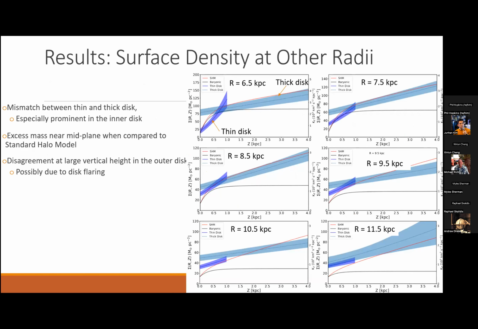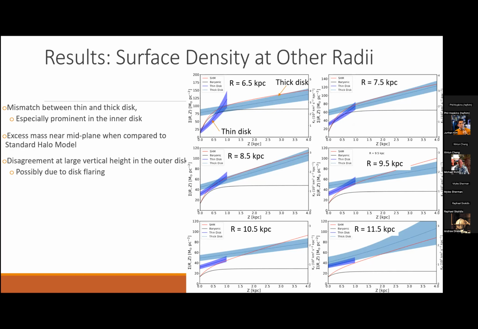However, moving into other radii and using the thin disk, things break. We have three major problems on our hands. First, there's a mismatch between the thin disk measurement result and the thick disk. It is very prominent in the inner part of the galaxy. We also find that our calculated surface mass density is not zero at z equals 0, although by definition it should be.